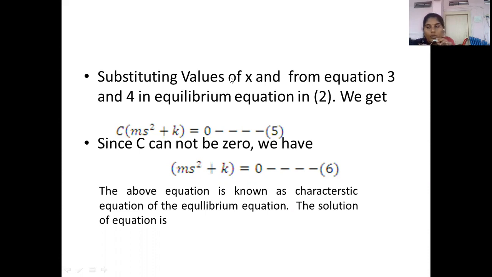So I request you to put these two values in equation number 2. The value of x double dot and the value of x dot are put into equation number 2. If we put these two values, we get c into e raised to st into bracket ms square plus k is equal to 0.